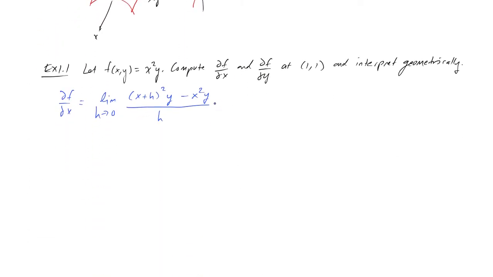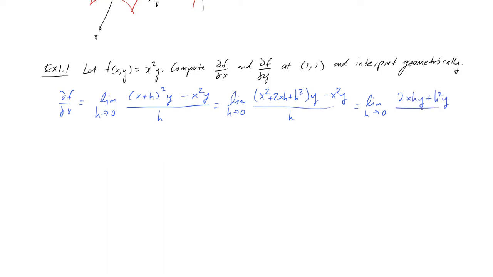All right, and then what we do is we expand this expression, and then we combine like terms. So this will be x squared plus 2xh plus h squared, all times y, minus x squared y. And the x squared y and the x squared y are going to cancel, and we'll be left with 2xhy plus h squared y all over h.